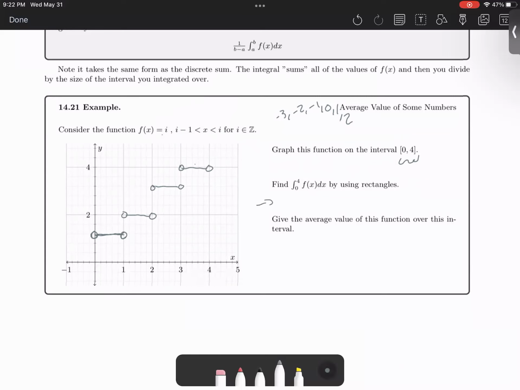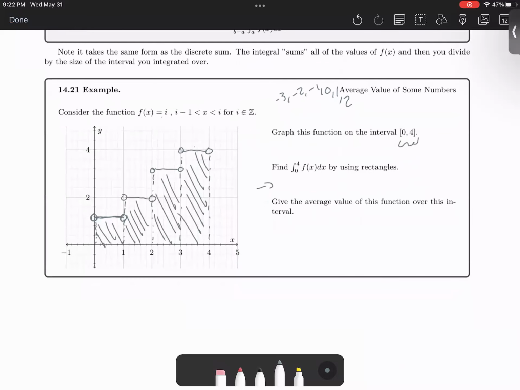So find the integral from 0 to 4 of f of x by using rectangles, right? We don't actually need to take a limit here or to find an antiderivative because I think I can find the exact area by just using rectangles. These are constant functions. So the integral would be the sum of these rectangles, or the areas of these rectangles.